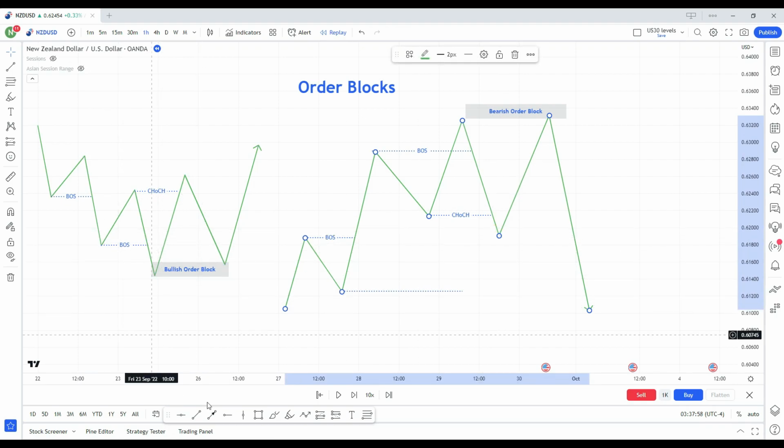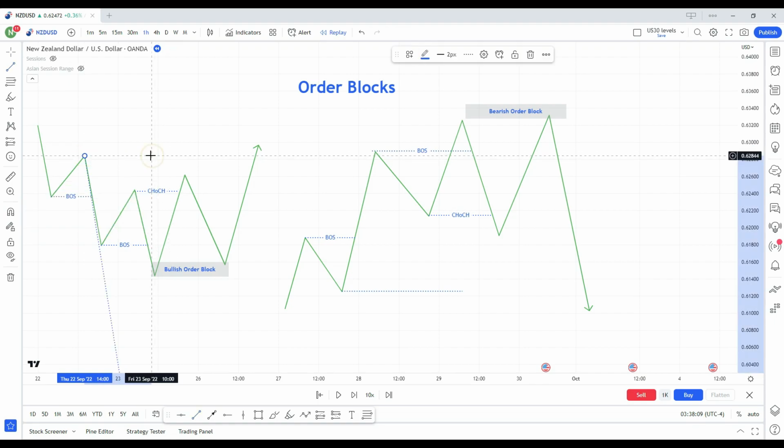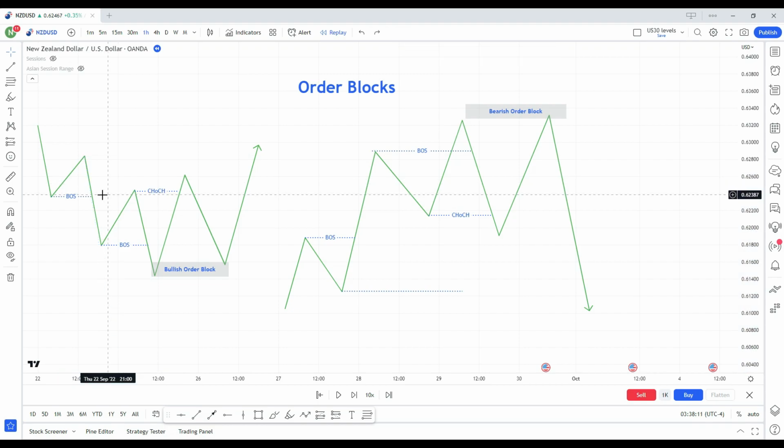Even on this one, if we check these lines, this must be respected. So this one was okay, it was not broken, but this one was broken and it led to change of character. That is a good point to note.